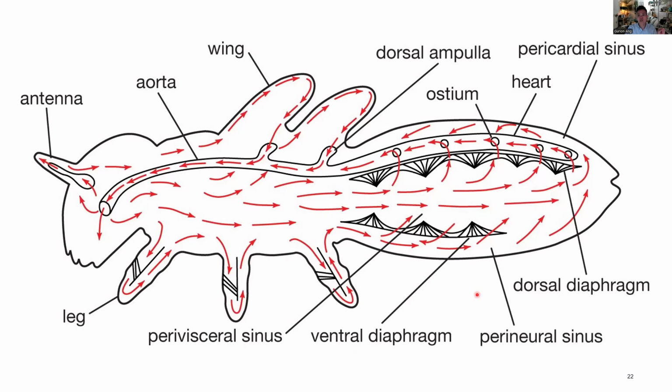But I still have pigment in my hemolymph, because pigment has many roles in things like the immune response, in detoxifying things, and also in signaling, right? And in some cases, you can actually visually see the hemolymph through a very translucent cuticle, right? So that's really the advantage of having a hemolymph.